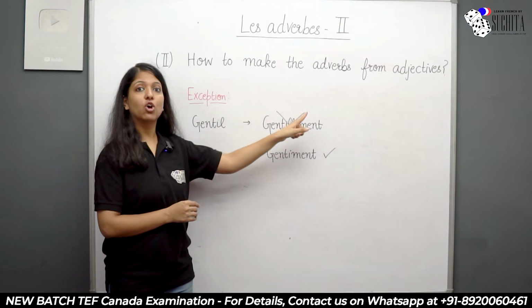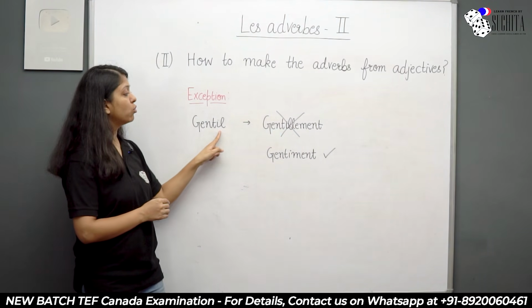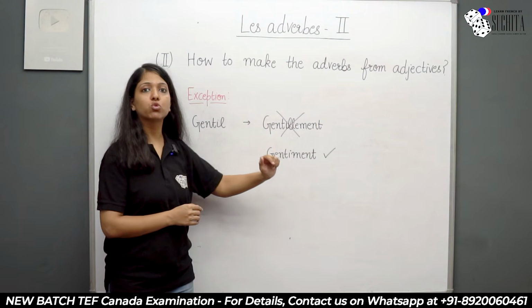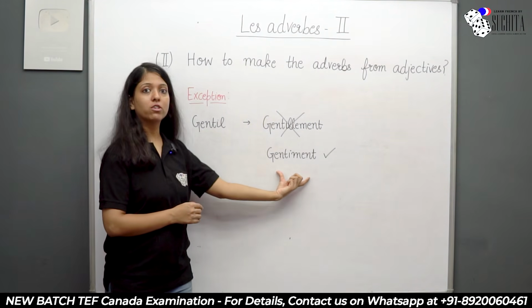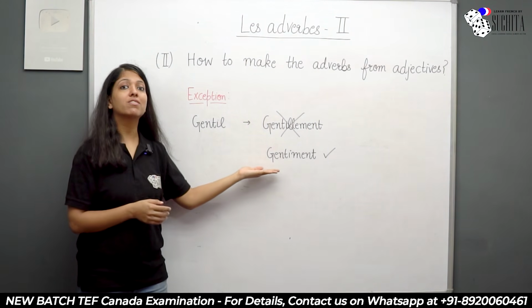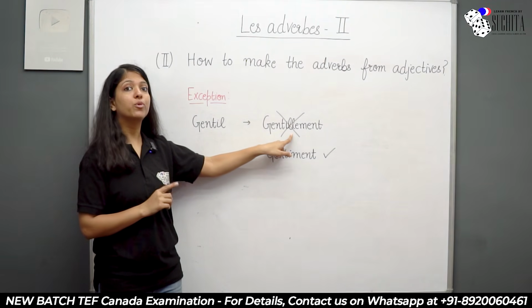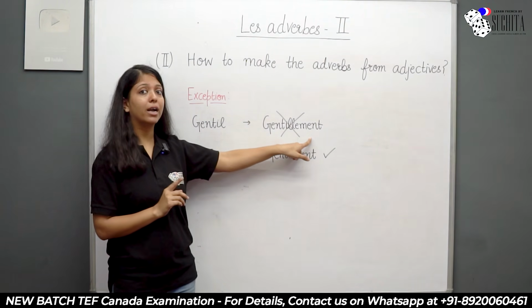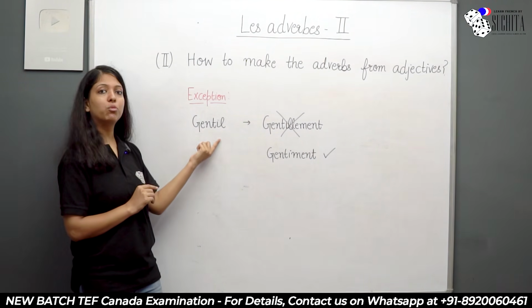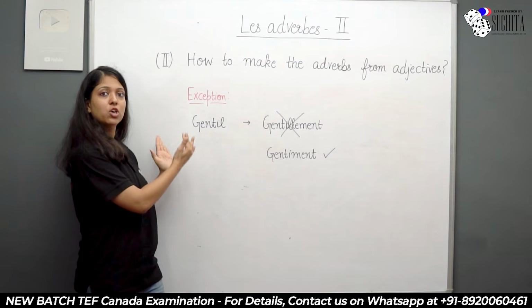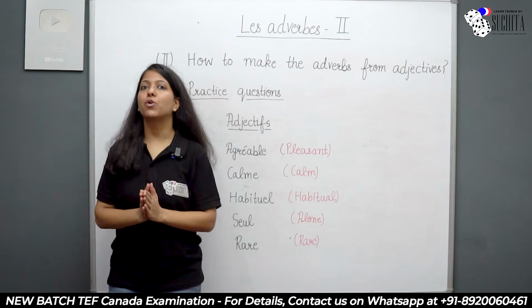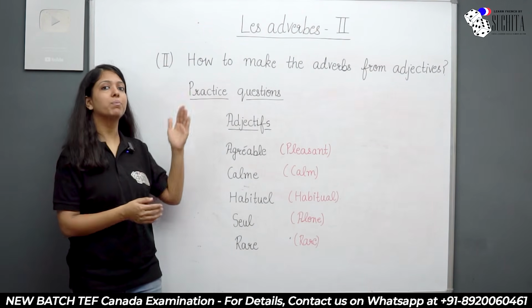But this is not the adverb. Here you need to remove the L and then add ment to it. So gentil, gentiment. This is the adverb, which is the correct version. This is wrong. You do not need to make it feminine and then add ment to it. You simply need to remove L and then add ment to it. So gentil, gentiment.